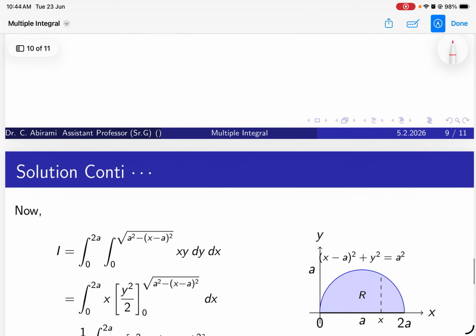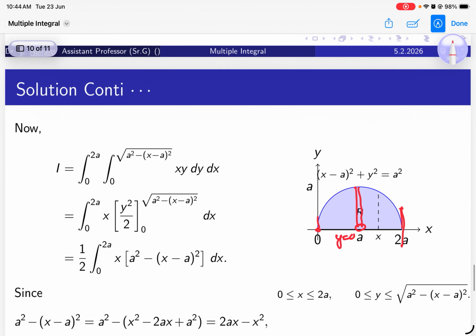Okay, see. If I draw the strip like this, one end will touch the line y is equal to 0, the other end will touch the circle. I can consider only the positive root, and then we have to move the strip from left to right. This is x is equal to 0, this is x is equal to 2a. After that, ordinary integration.